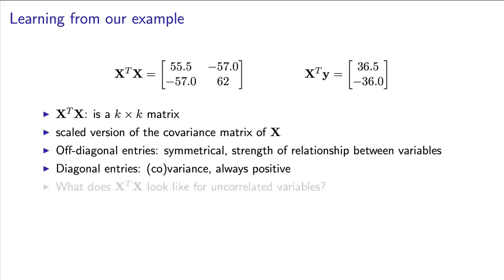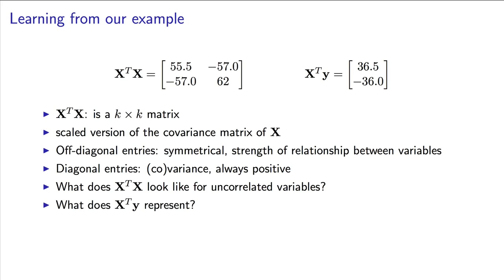Now here's a question I want to leave for advanced students. What will the X transpose X matrix look like when the variables x1 and x2 and so on are entirely uncorrelated with each other? What will you observe in those off-diagonal entries? You'll see the answer to that coming up in the next module, but you should be able to guess what it is now.